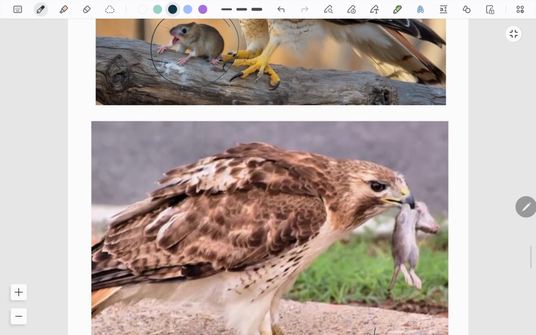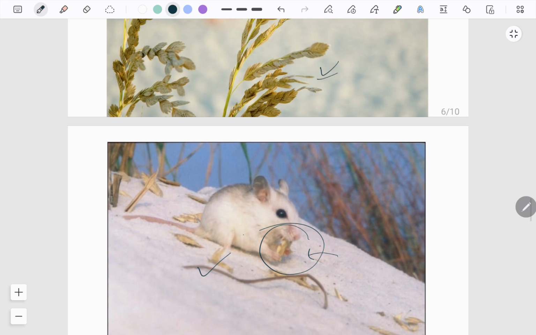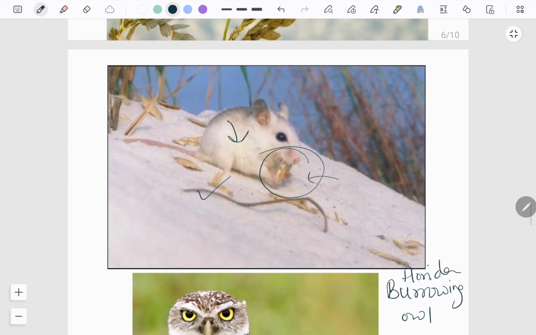For example, this oat has taken the nutrients from the soil, then it will be eaten by the mouse here.